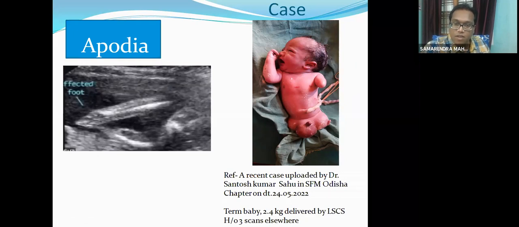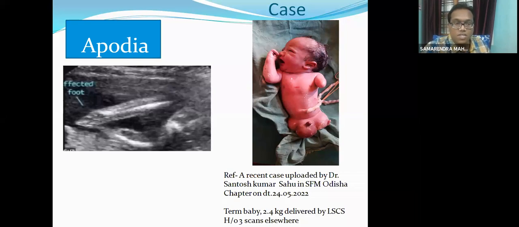A baby with only one upper limb, another transverse amputation of the upper limb, and both the lower limbs absent. The baby was delivered by cesarean section, 2.4 kilo.